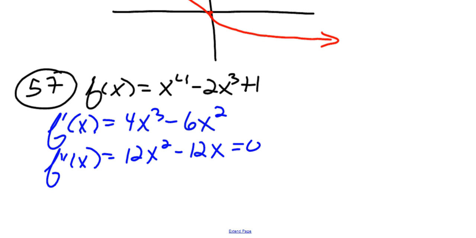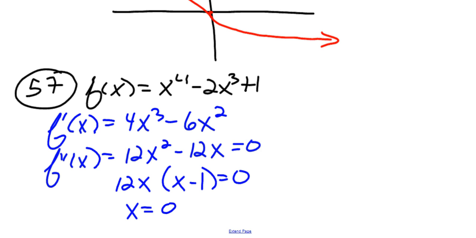And this is what I'm going to set equal to 0, so I can look for inflection points and concavity. So if I do that, I'm going to factor out a GCF of 12x and have x minus 1 equals 0, and then I end up having x equals 0 and a positive 1. If I want to then go ahead and set up my interval testing, 0 and 1.